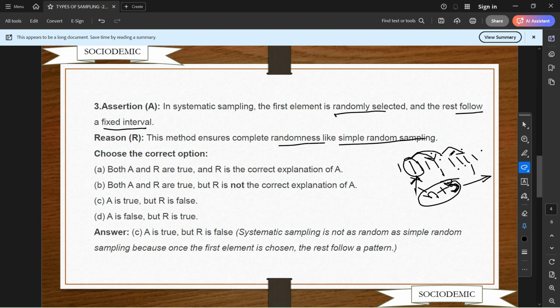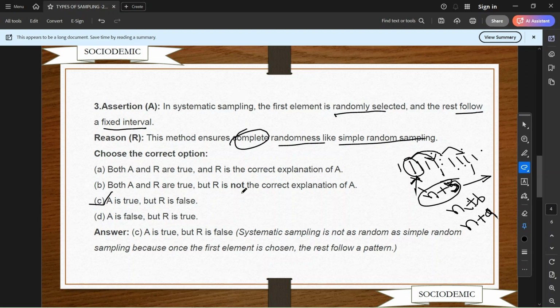From here onwards we are following some system, that is n plus 3, n plus 6, n plus 9. Everywhere we are adding plus 3. So that is called systematic sampling. So here the answer is: A is true, R is false. Because here there is no complete randomness.